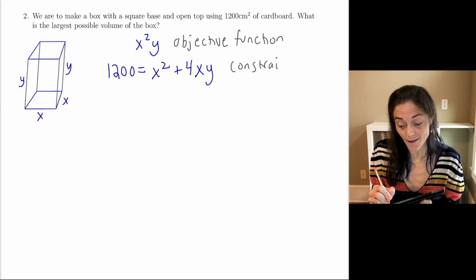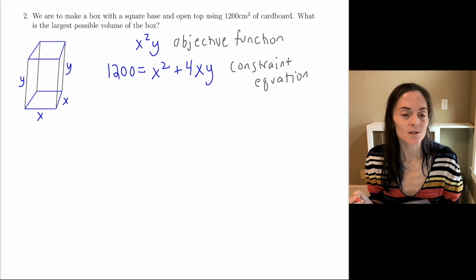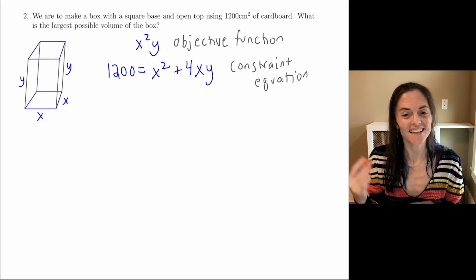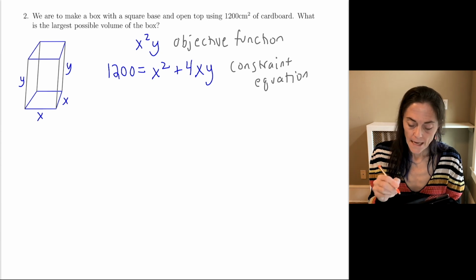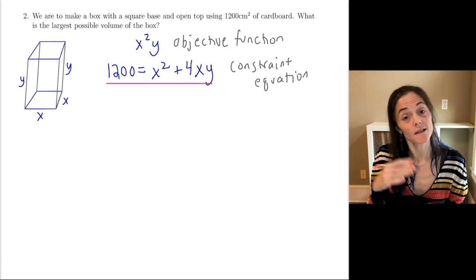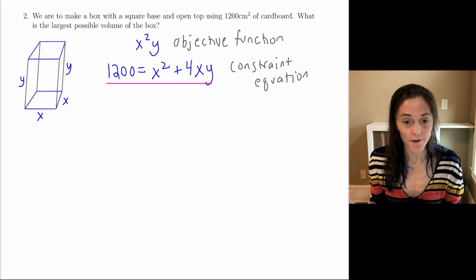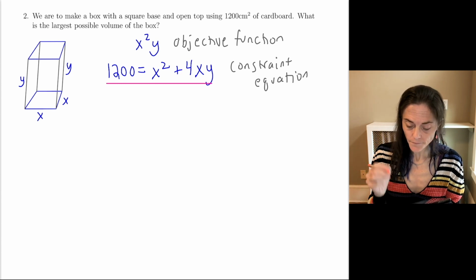And this is my constraint equation. It is an equation, and it relates the variables. We are not trying to minimize surface area. It's given, 1,200 centimeters squared. Well, just like in the last problem, the next step is you use this constraint equation to solve for one variable in terms of the other. I think it's easier to solve for y in terms of x here.